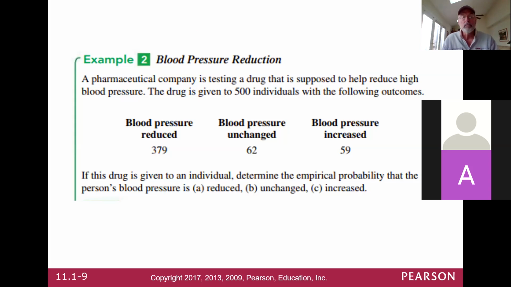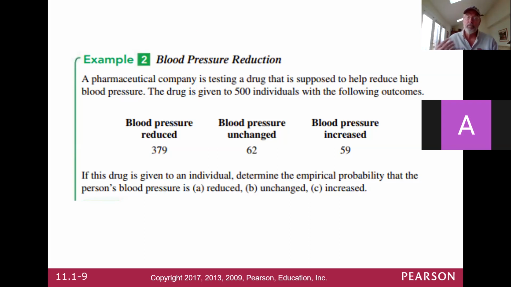For example, the probability that the sun won't rise in the day has a probability of 0. And the probability that it will rain in Florida during the summertime, well, that's a probability of 1. Those two extremes explain what probability is. And you're right on going with 379 over 500.